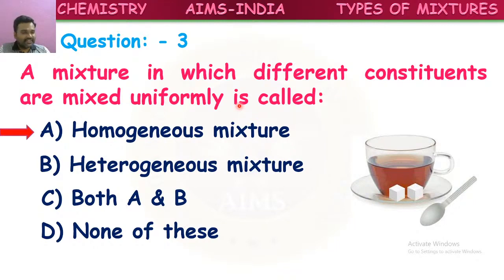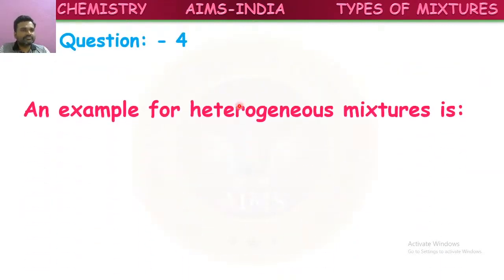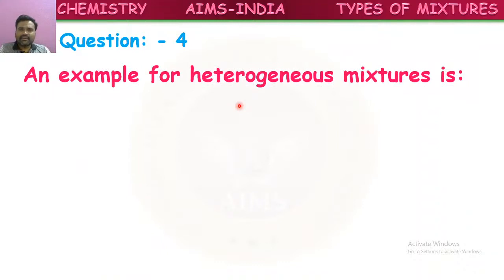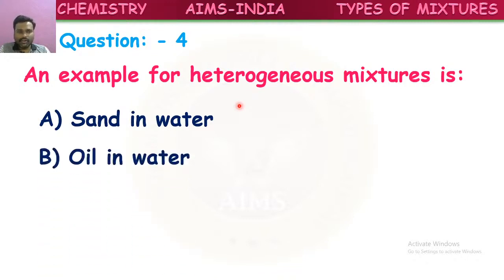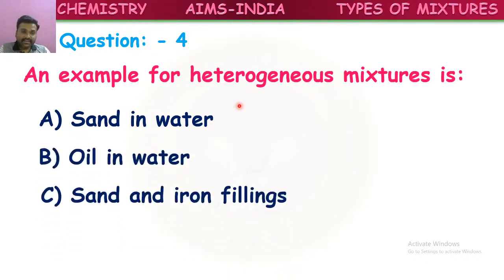Let us see next question. An example for heterogeneous mixtures: sand in water, oil in water, sand and iron filings, all of these. So they're asking to find the heterogeneous mixture among the given. We know definitionally what is heterogeneous mixture.